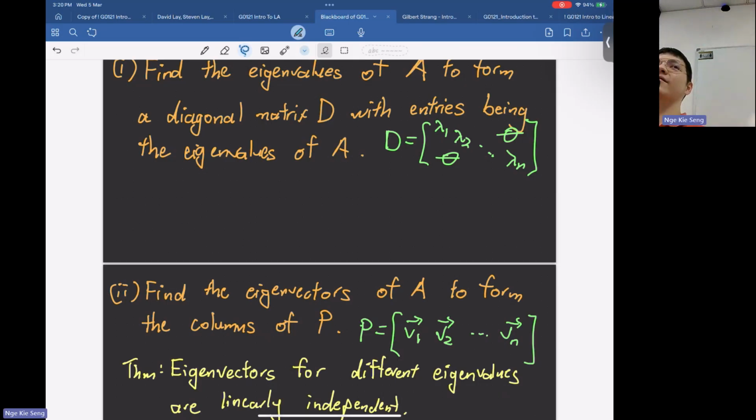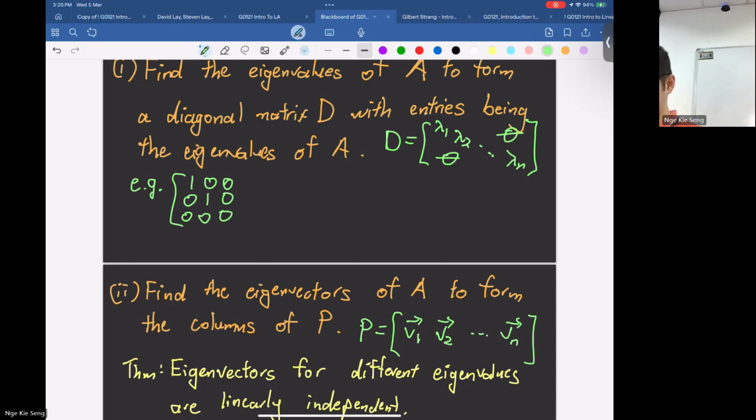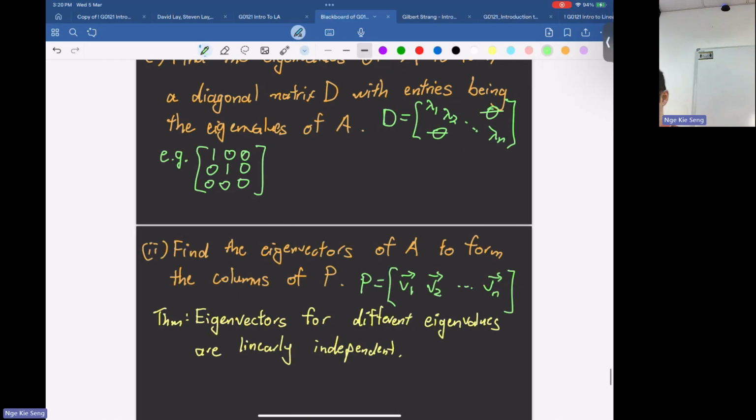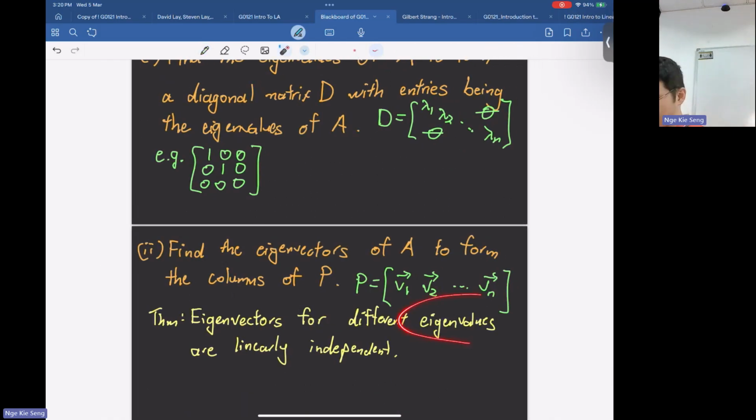Maybe, for example, the case 1, 1, 0. This is still diagonalizable. Because we say that for different eigenvalues, their eigenvectors are linearly independent.